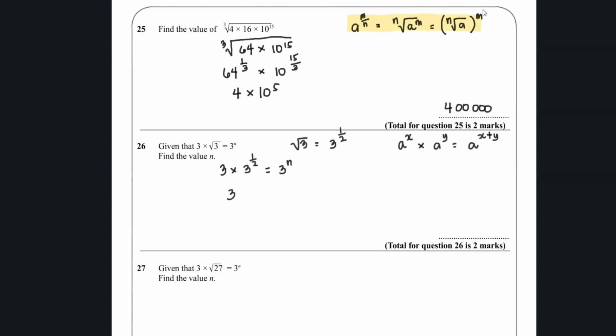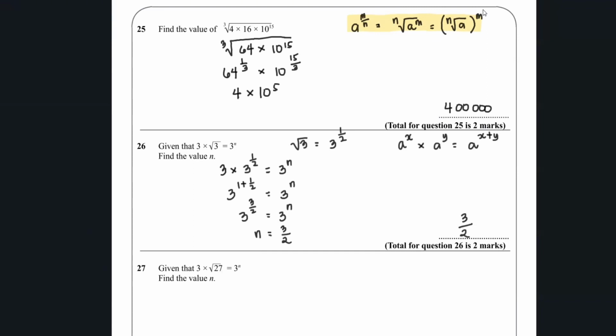So doing that here, we have 3 to the power of 1 plus a half, equal to 3 to the power of n. 1 plus a half is 1.5, which is simply 3 halves if you write it as a single fraction. Now, since they have the same base, it follows that n should be equal to 3 halves. So that's 3 halves right there.